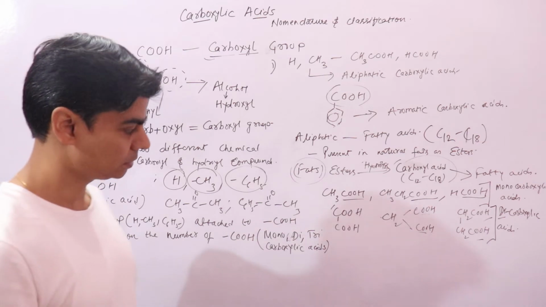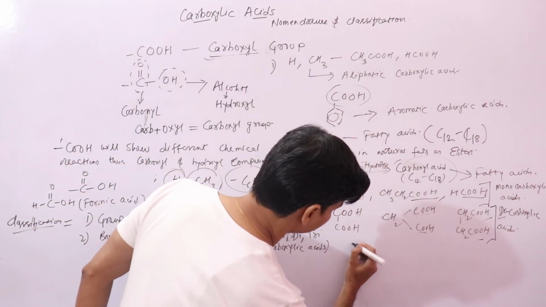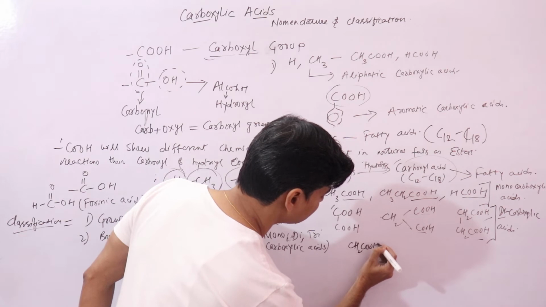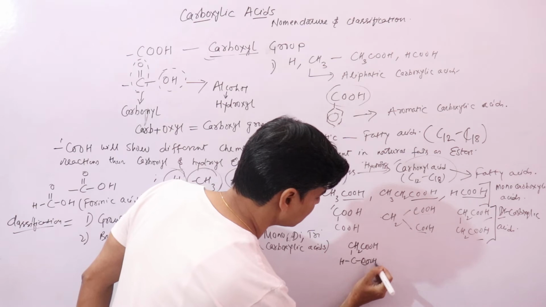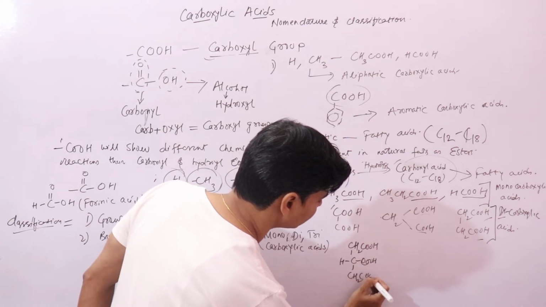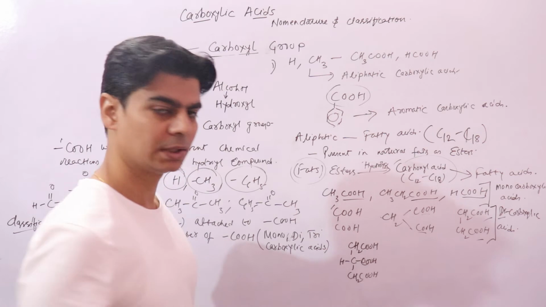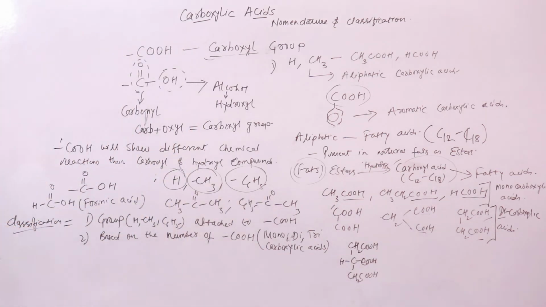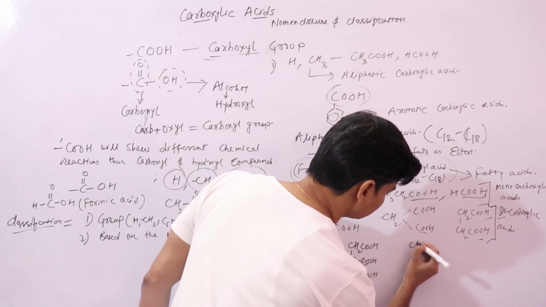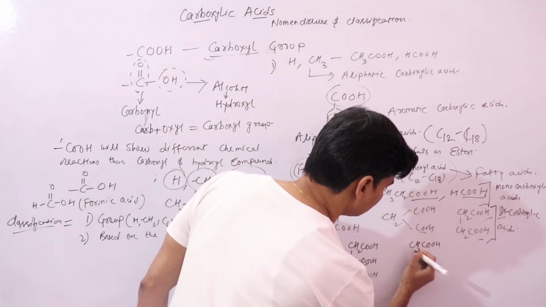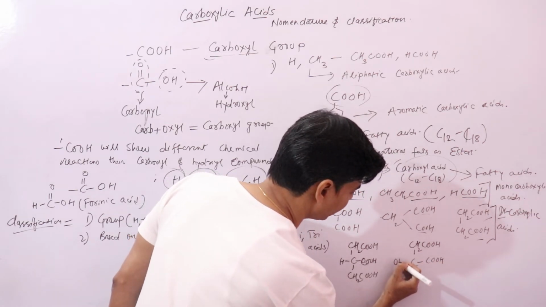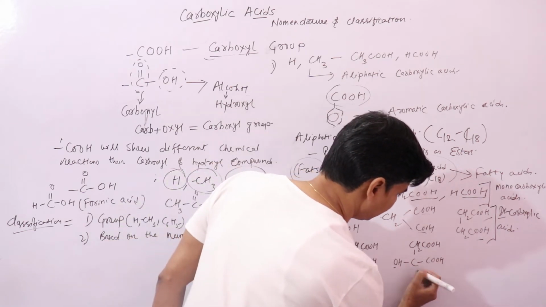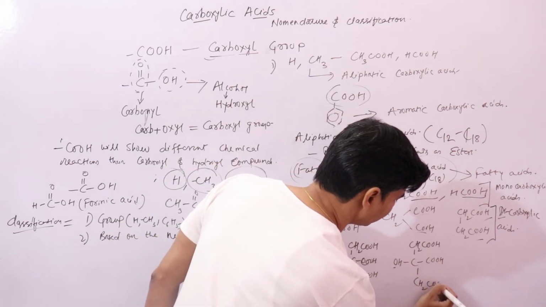Now let's look at these acids. CH2COOH, CHCOOH, CH2COOH. Now you have three carboxylic acid groups in this acid. There is another acid which is CH2COOH, CCOOH, where you have OH instead of H here, and CH2COOH.